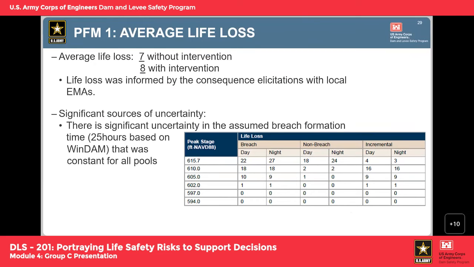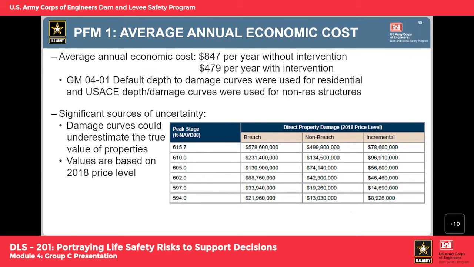Okay, thanks. That's a good explanation. Okay, stepping forward to the economic cost. The average annual economic cost was $847 without intervention and $479 with intervention.